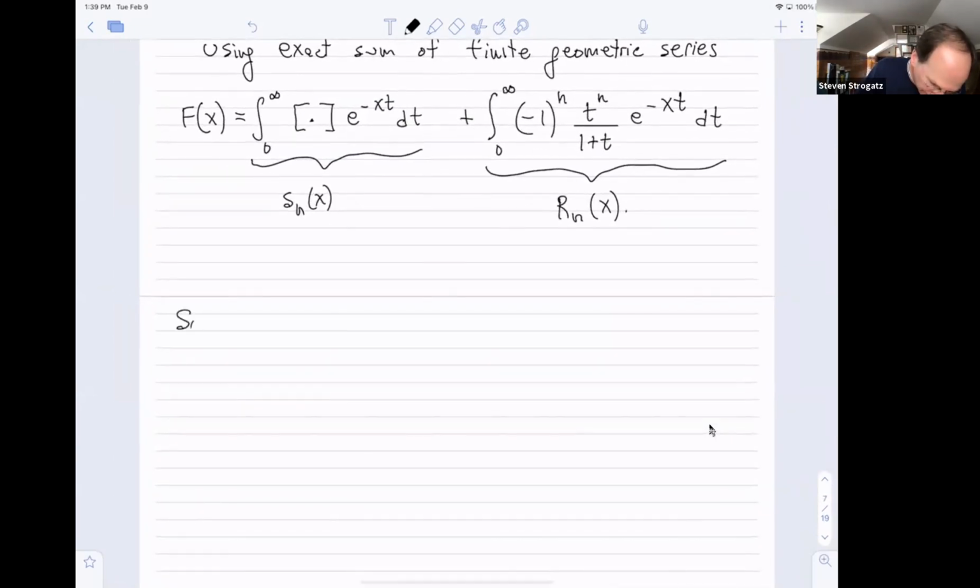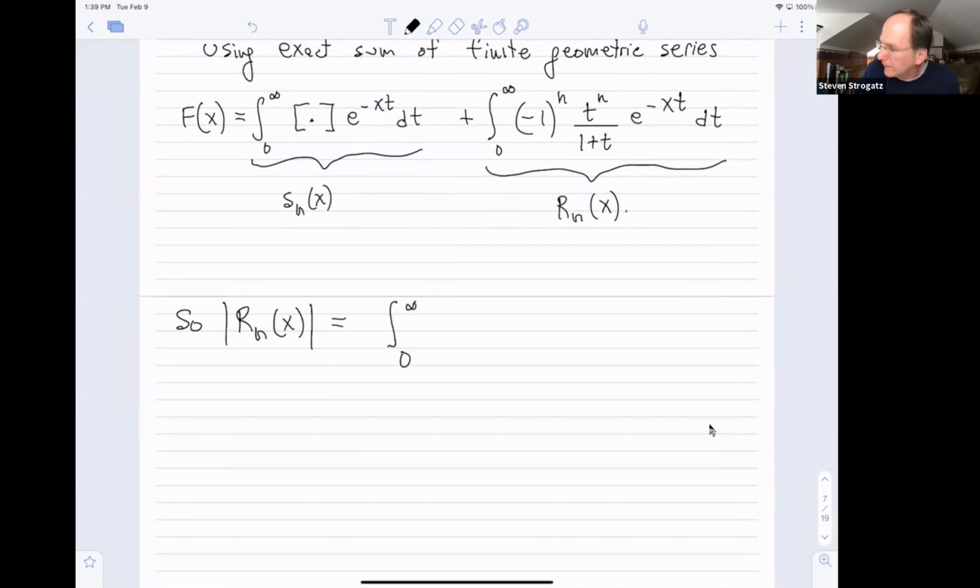Rn of x in magnitude, well, I can get rid of that minus 1 to the n term, since I'm just looking at sizes here. So 0 to infinity, bunch of stuff over a division sign. So t to the n, e to the minus xt, over 1 plus t, dt.